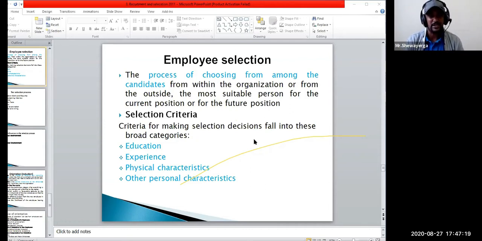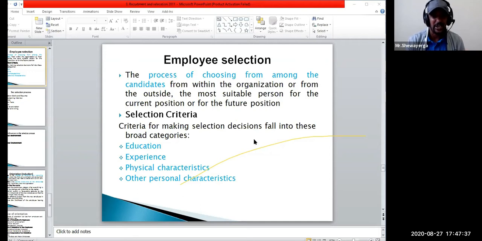Then when you select the best one, you can use different criteria, but those criteria may differ from organization to organization or country to country. But there are common criteria in all organizations, in all situations, all over the world.